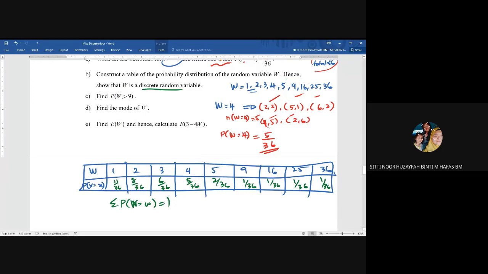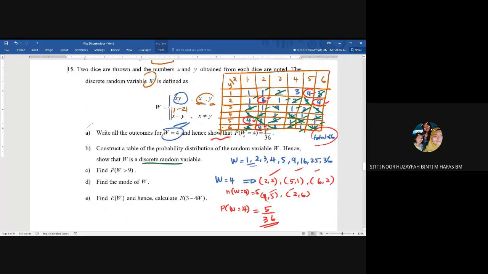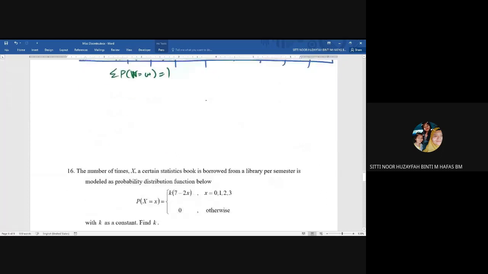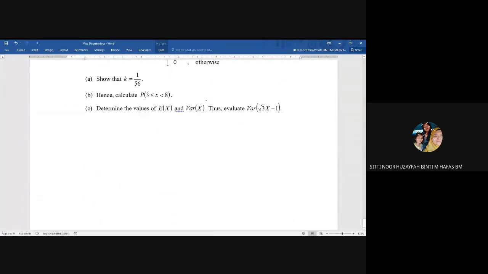And then for the next parts, you can find the probability of W more than 9, the mode of W, and find the expected value, hence calculate the expected value of 3 minus 4W. So you can continue now because we have the outcomes and the table already. Okay, can? So we have another 4 questions.